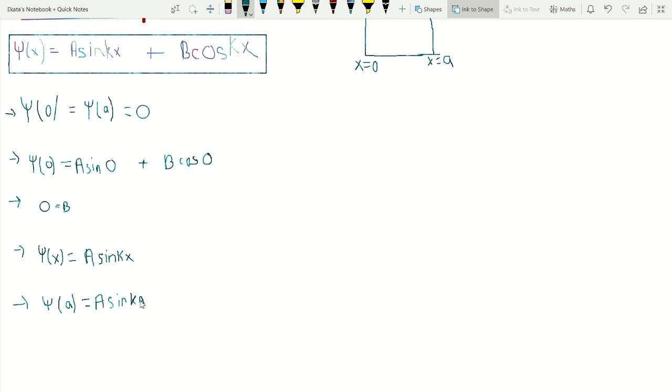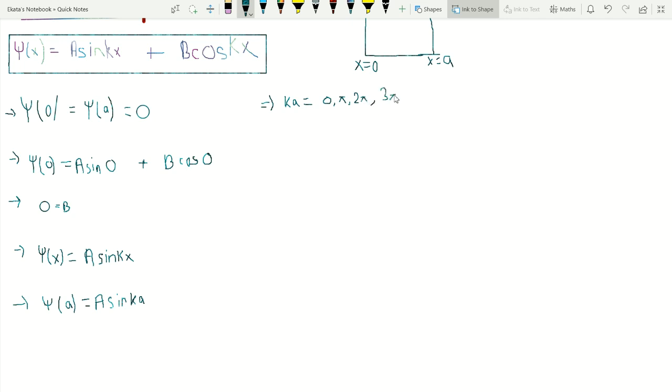So when ka is 0, I'm going to write another thing here: ka can be 0, or pi, 2 pi, 3 pi.